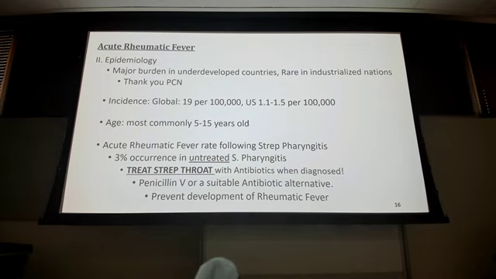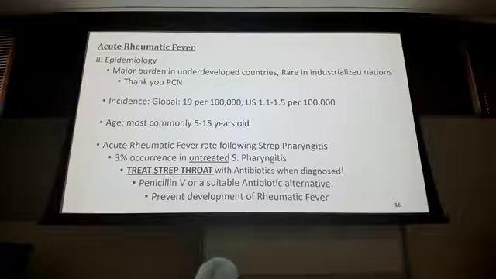But you can see this condition is 19 times more common in underserved, non-industrialized nations versus industrialized nations, because we typically do have access to care and we have access to antibiotics to treat these things.